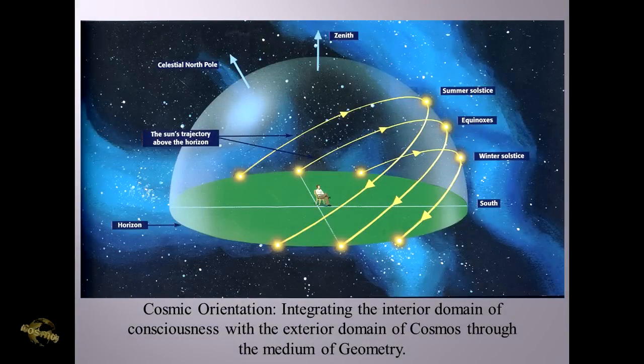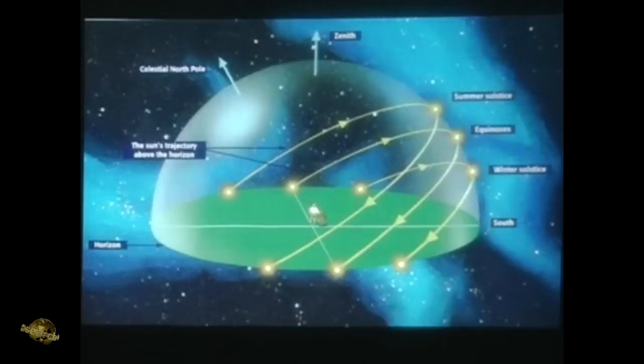Okay, here is a showing. This would be in the northern hemisphere, say roughly around the latitude of Atlanta, perhaps. And you'll notice the circle with the cross, the quadrature of the circle, the sacred symbol from all the ancient cultures. Well, here's its practical application. It's a cosmic orientation device.